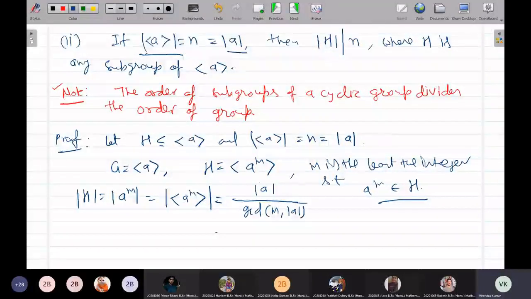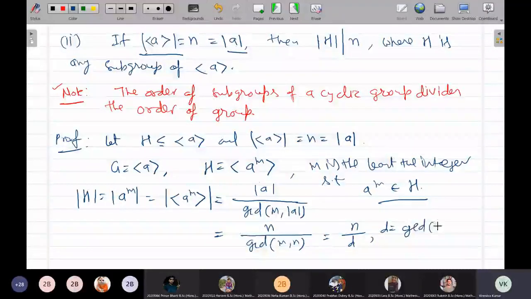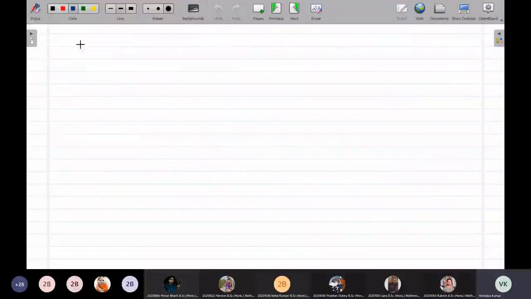So this is nothing but n divided by the greatest common divisor of m and n. So this is equal to n divided by d, where d is the greatest common divisor of m and n. So order of H equals n by d.